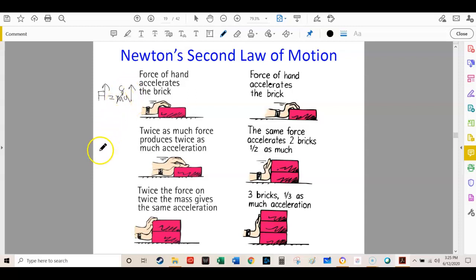What they're saying here is this: if your force doubles, then that means your acceleration is going to double. Your force doubles, then your acceleration is going to double.